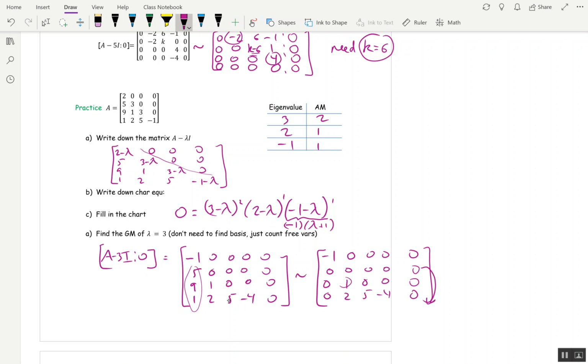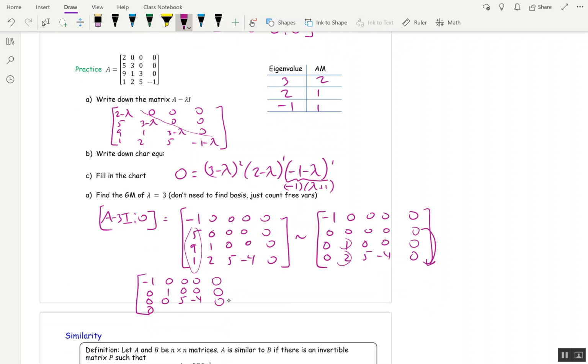All right, now I'm going to move that 0 row to the bottom, and I'm going to use this 1 to kill that 2. So I'm going to do two things at once. Negative 1, 0, 0, 0, 0, 0, 1, 0, 0, 0, 0, 0, 5, negative 4, 0, and then 0, 0, 0, 0, 0.